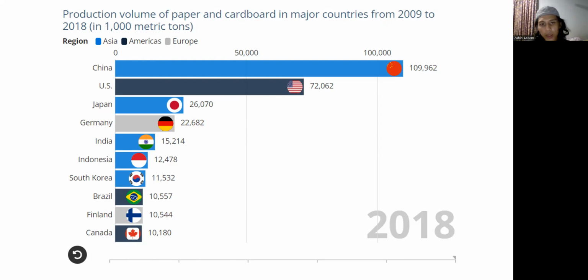For China, from 2009 to 2018, it is increasing for production of paper and cardboard. But in the US, it actually has a slight decrease from 2016 to 2018. For the other countries, it's the same from 2009 to 2018.